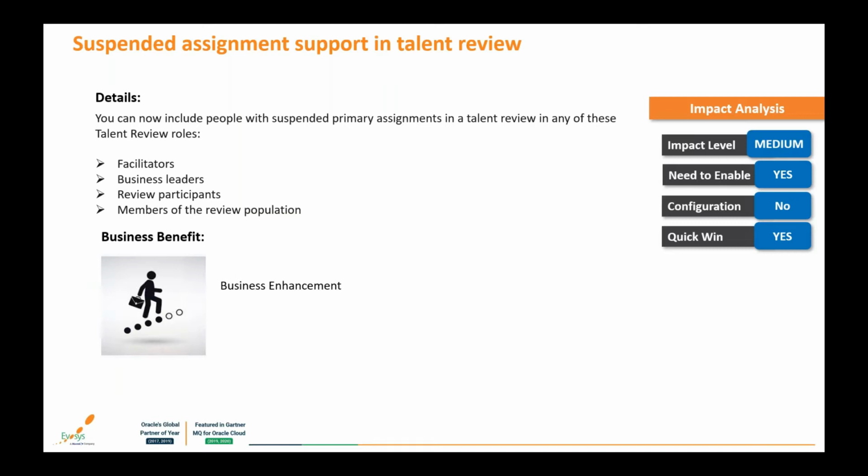Now, in that period, if there happens a talent review meeting and they need their direct reportees to be part of that talent review meeting, and accordingly, the potential assessment and the other data needs to be created, in that case, they can pull that manager from that suspended primary assignment as a review participant.